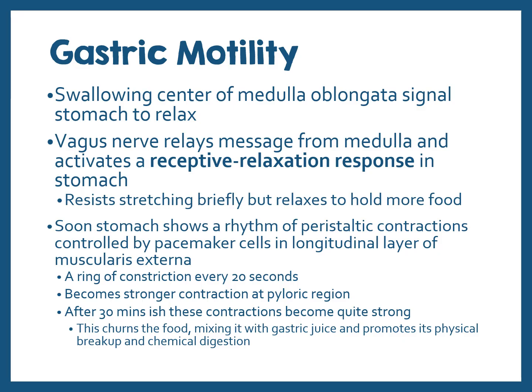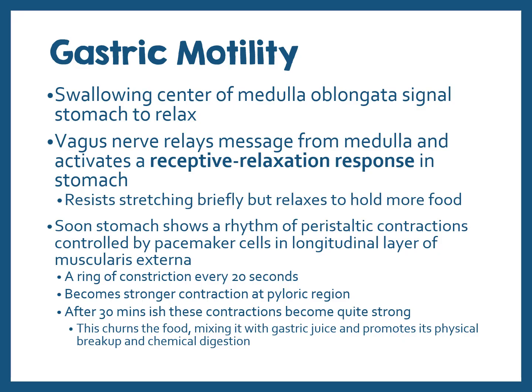Remember, that's the most superficial layer of muscles. We'll have a ring of constriction that occurs about every 20 seconds, and those contractions become stronger and stronger as they approach the pyloric region of the stomach. After about 30-ish minutes of these contractions, they get pretty strong.